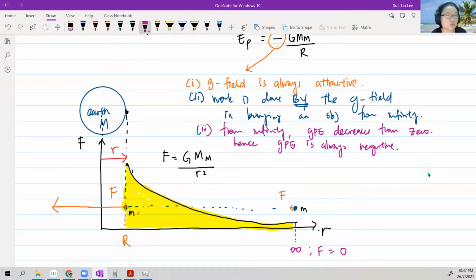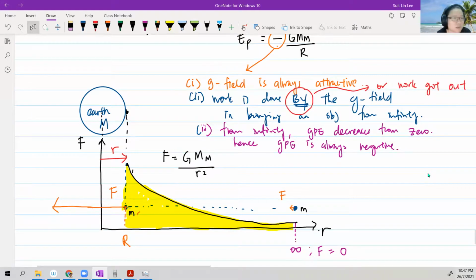If the gravitational field is doing the work for you, it's negative; they lose energy. Another term that Cambridge likes to use besides work done by the gravitational field is work got out. I'm not used to work got out because I come from the Malaysia syllabus, where we like to say work done on or work done by. But anyway, if the field is doing the work, the field loses energy.